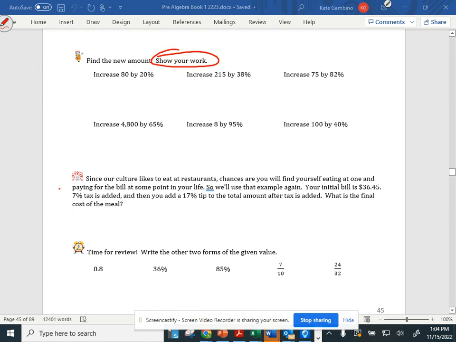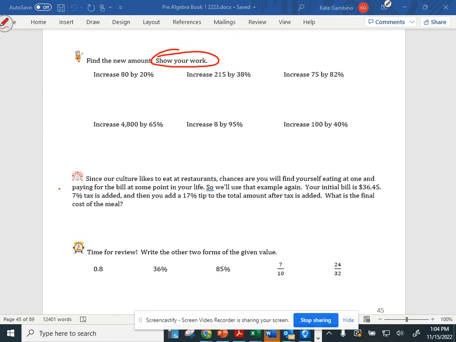Since our culture likes to eat at restaurants, chances are you'll find yourself eating at one and paying for the bill at some point in your life. So we'll use that example again. Your initial bill is $36.45, 7% taxes added, and then you add a 17% tip to the total amount after tax is added.